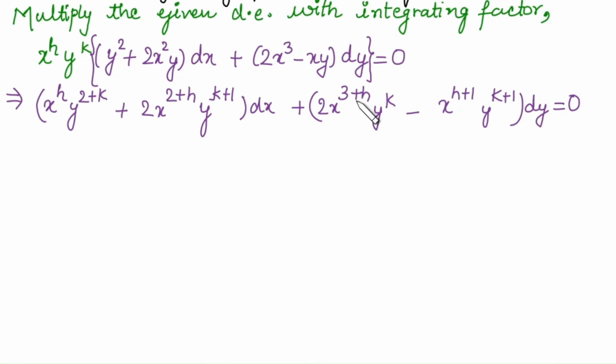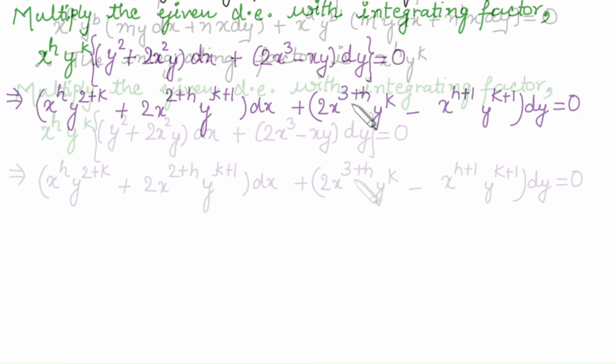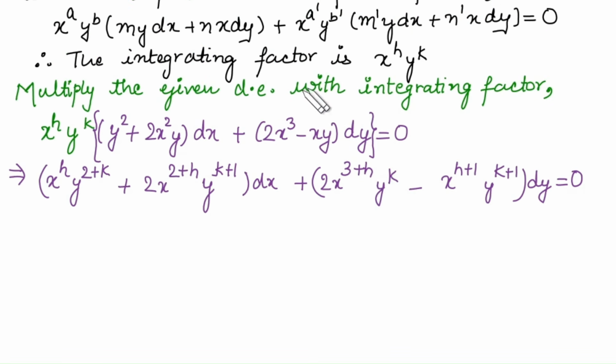Now either use that condition to find h and k or use the exactness condition. As we say, its integrating factor is x raised to power h, y raised to power k. It means this differential equation is exact.